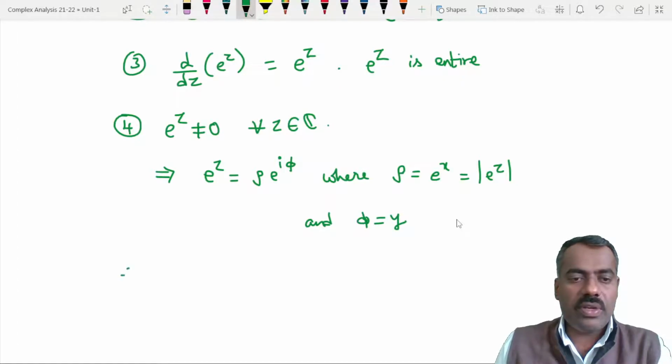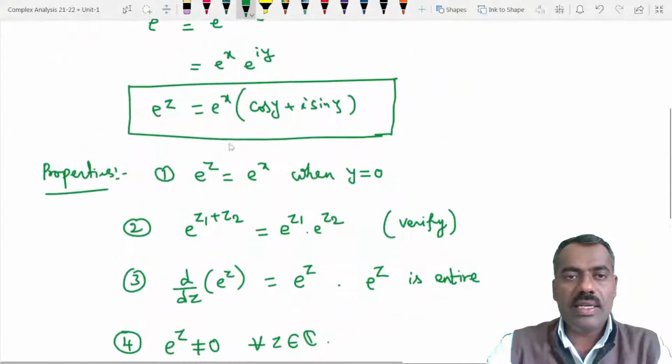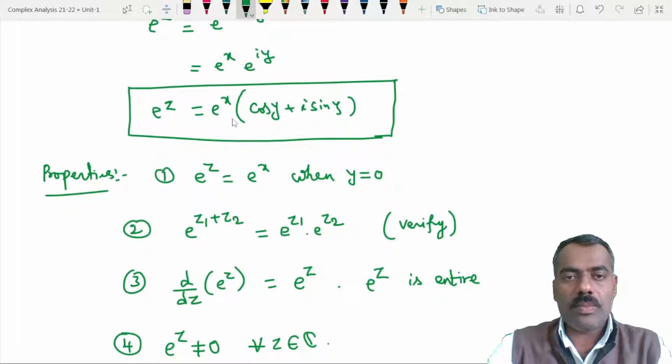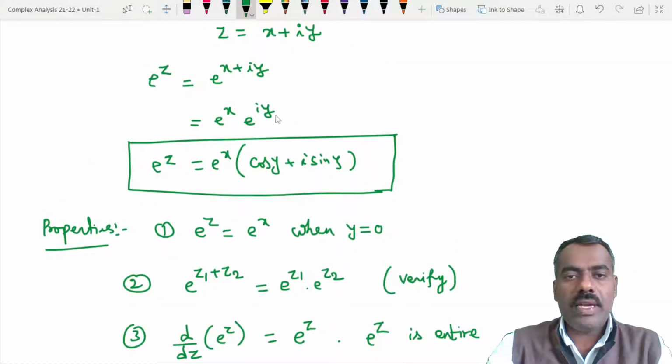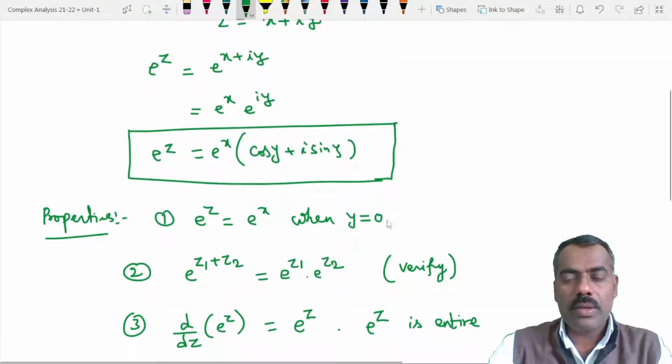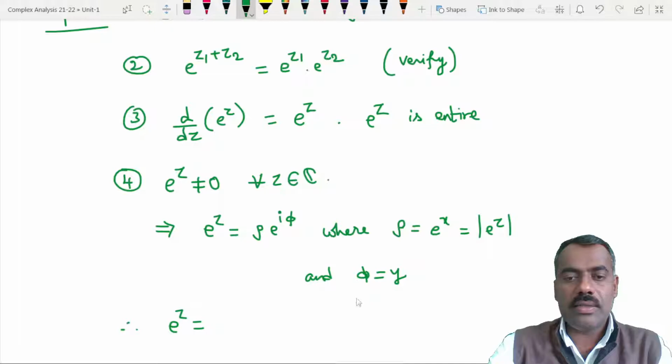So if you write in polar form, e power z is rho, that is e power x, into e power iy, or y plus 2n pi.